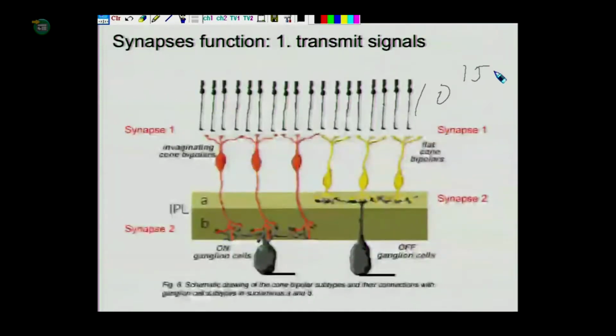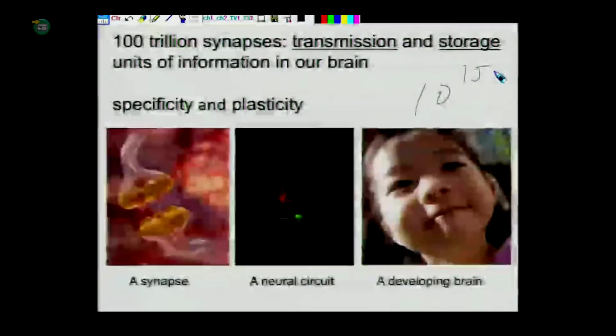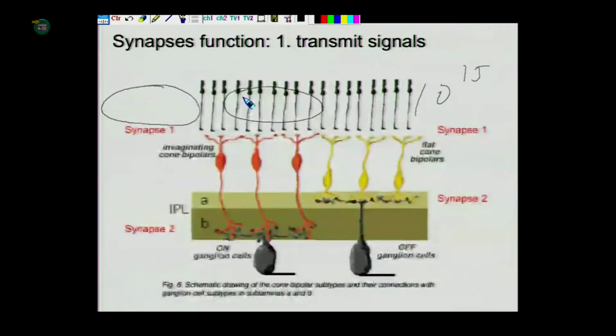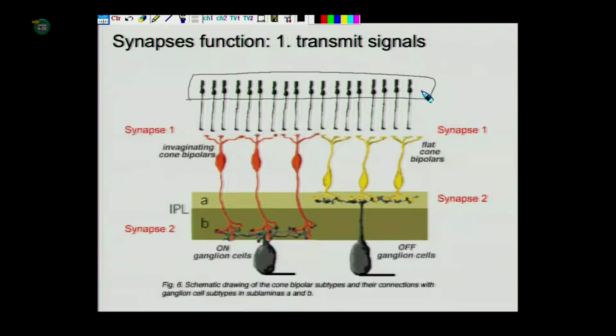So synapses are important for memory because of two properties of synapse, specificity and plasticity. I will show you some examples. When you see things, you have these receptors on your retinal cells. In your eye, these cells make a synapse onto the cone bipolar neurons right here.